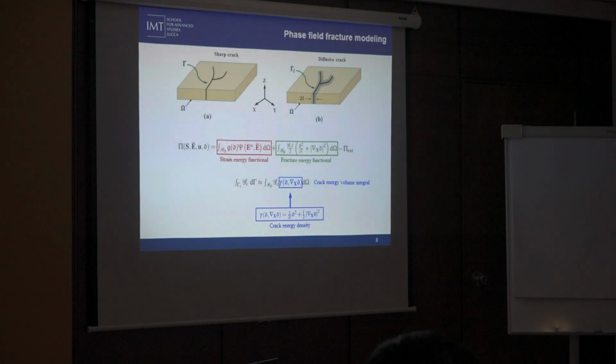And the fracture energy dissipated in the crack surface can be approximated by the volume integral of the product of fracture toughness and crack energy density. And the crack energy density gamma is given by the last formula here, which is determined by the phase field variable and its spatial gradient.